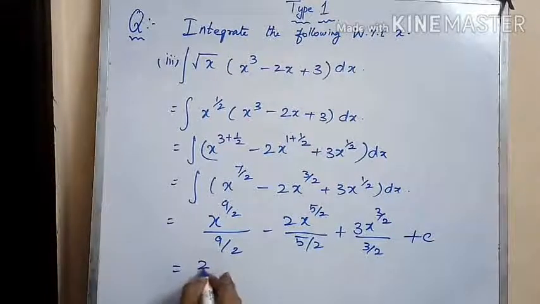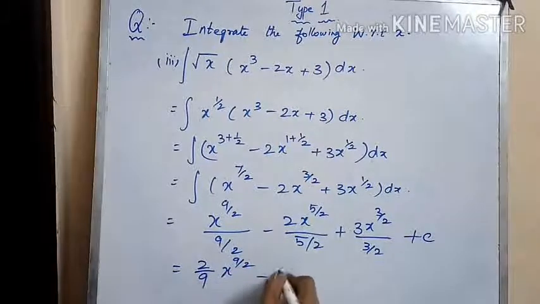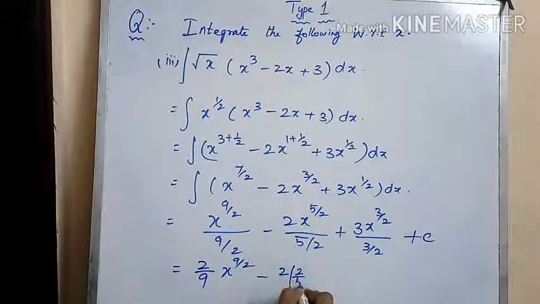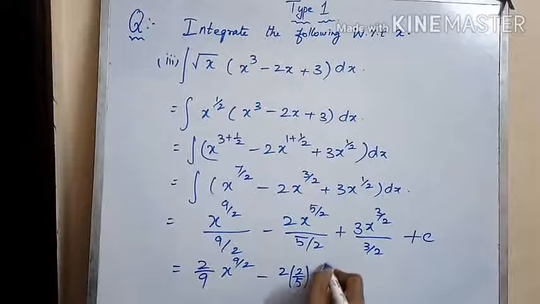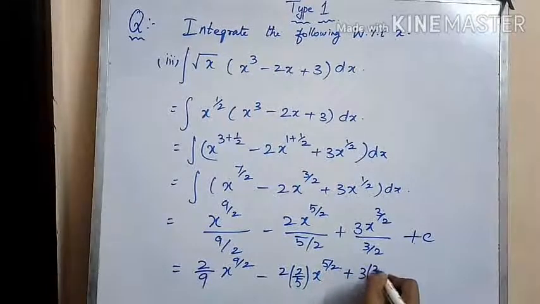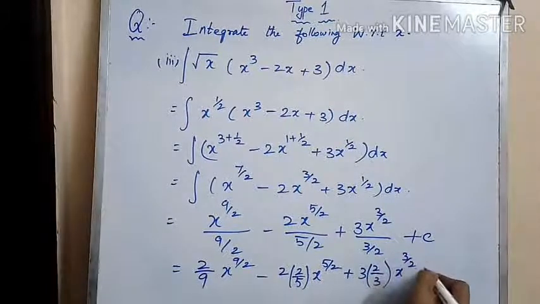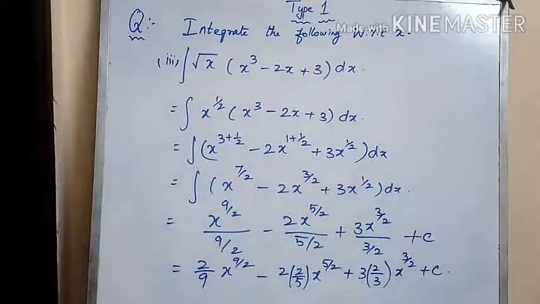Next step, let us bring the fractions in the denominator to numerator. We get 2 by 9 into x to the power of 9 by 2 minus 2 into 2 by 5 x to the power of 5 by 2 plus 3 into 2 by 3 into x to the power of 3 by 2 plus c.